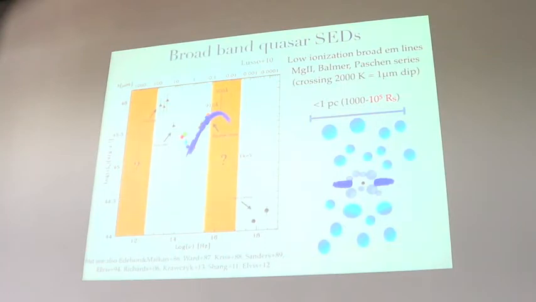But now we are reaching this point, the 1 micron dip, which tells you what the sublimation radius of the dust is, at around 2000 Kelvin, 1600 Kelvin for silicates and graphite.